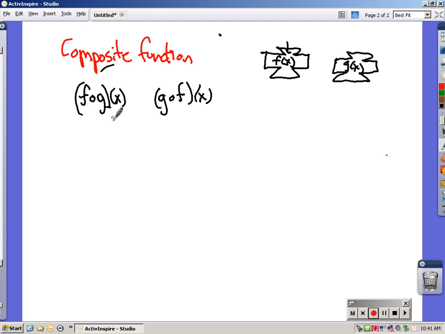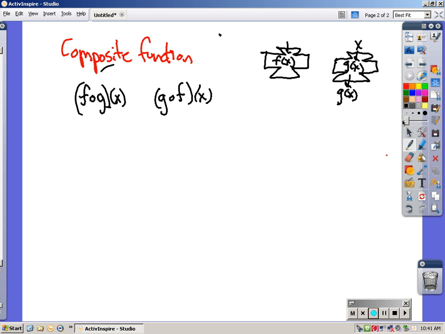What you're doing in this case is you're taking x, plugging it into g. So take x, plug it into g, out's going to pop g of x. And then you're plugging that answer into f. So essentially, you're lining the machines up so one feeds into the other.